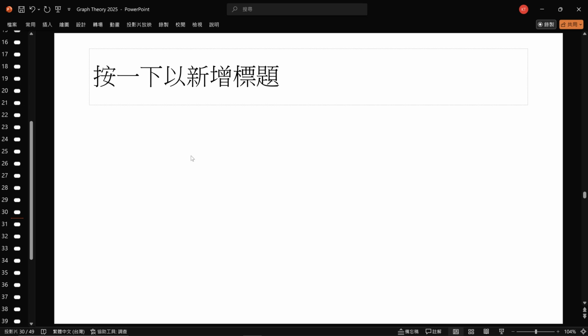Once again, we know that D prime, this 2, 3, 2, 2, 1, 0, is graphical, and we want to use this assumption that D prime is graphical to show that D is graphical.